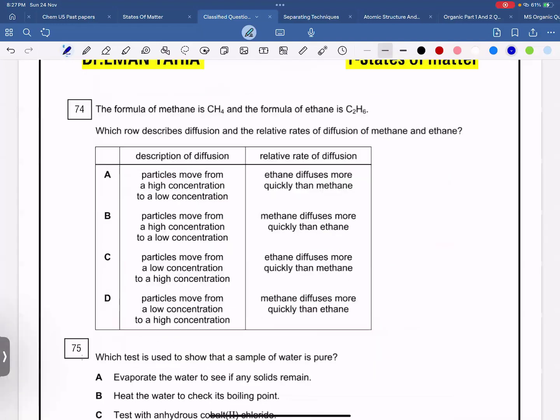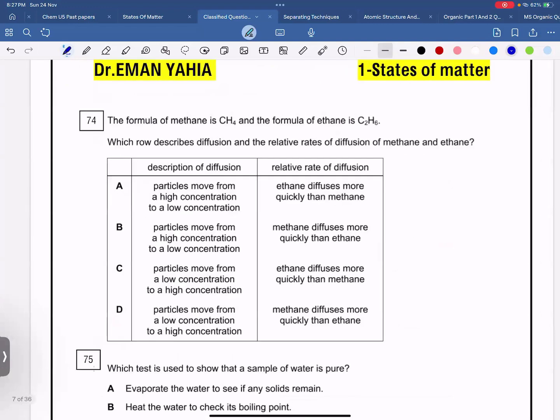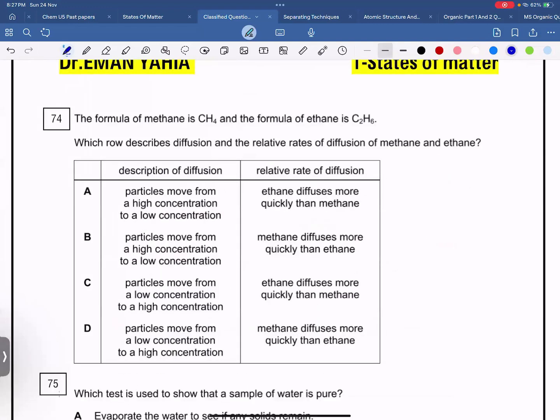And then the formula of methane and the formula of ethane. Methane is CH4 and ethane is C2H6. Which row describes diffusion and the relative rate of diffusion of methane and ethane? Methane is lighter than ethane, which is heavier because of more carbon and hydrogen.